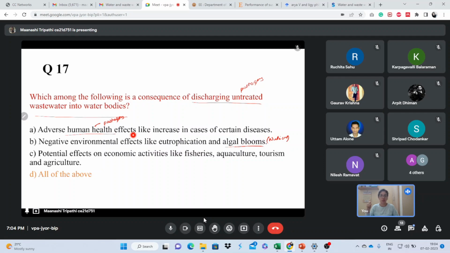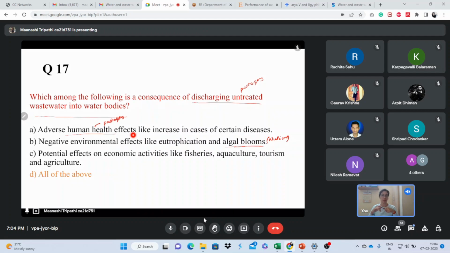So what is an algal bloom? Due to the increase in nutrients in the water body, there will be growth and development of small microscopic plants. This will form a layer of algae over the water body.